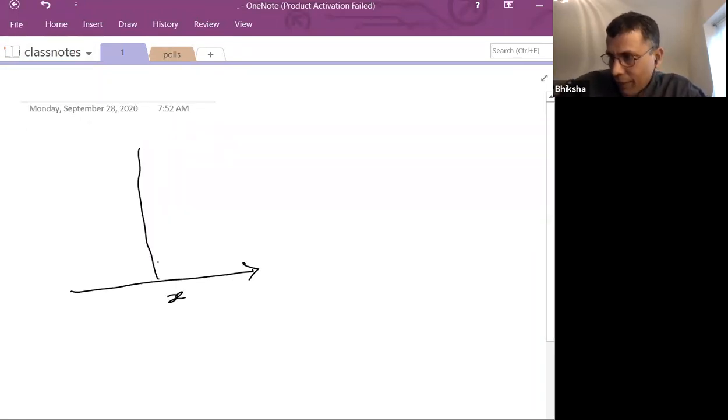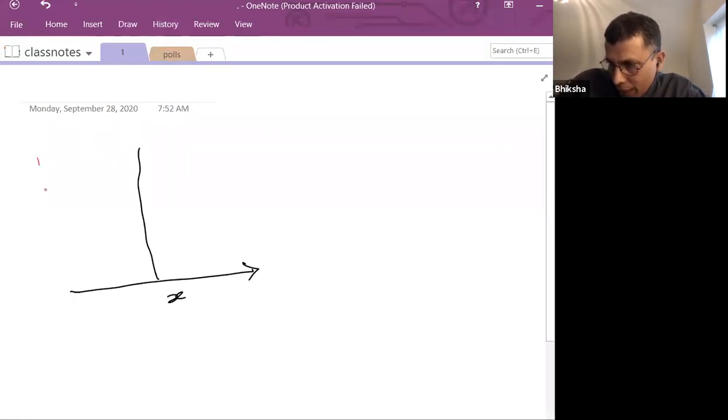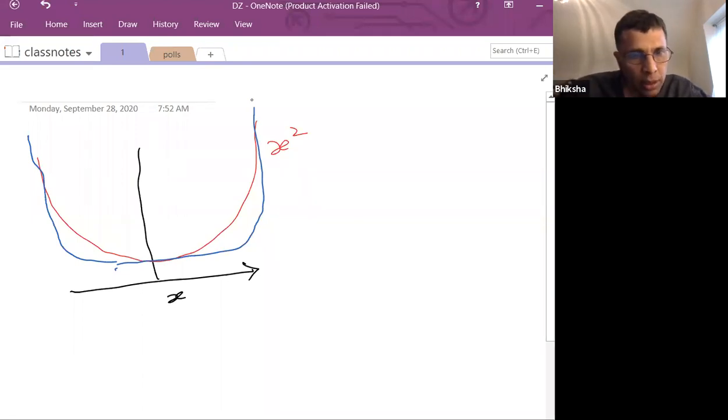If I have x, then x squared is going to be something like this. If I have x raised to 4, that's going to be something like this. Which of these two is the better objective function? Anyone?